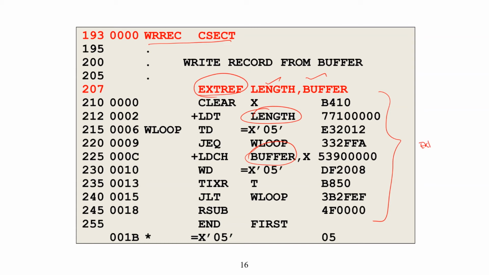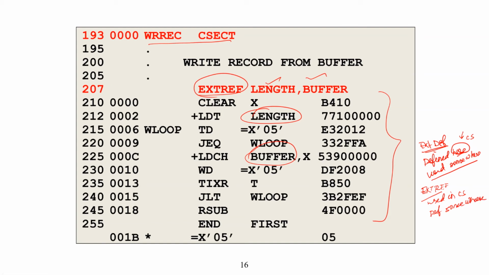External definition, EXTDEF, is defined in this control section and used in some other control section. External reference is used in the control section but defined somewhere else.